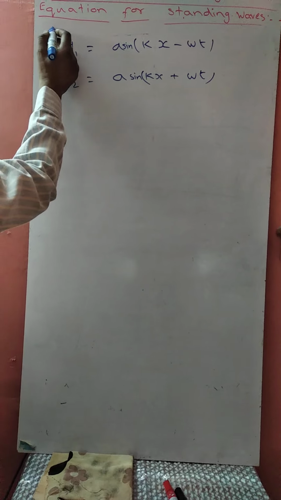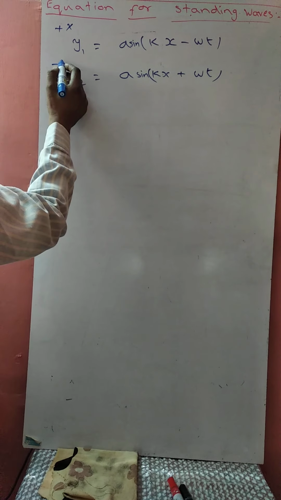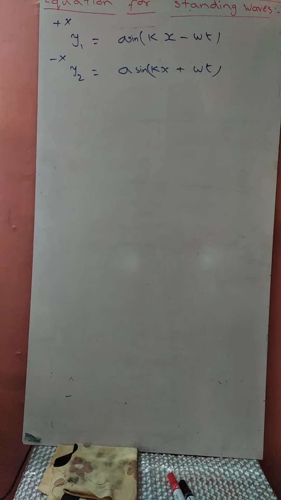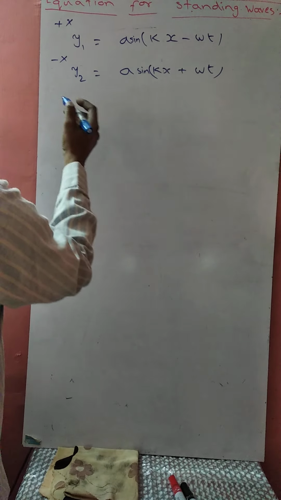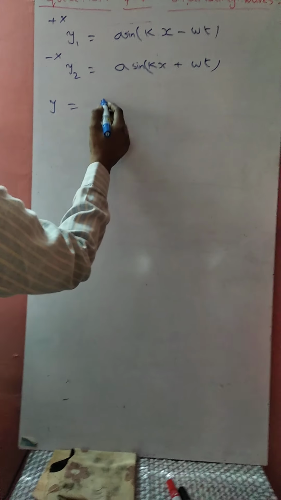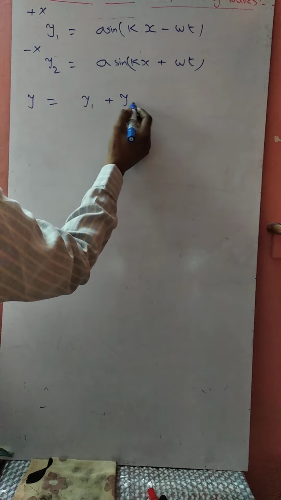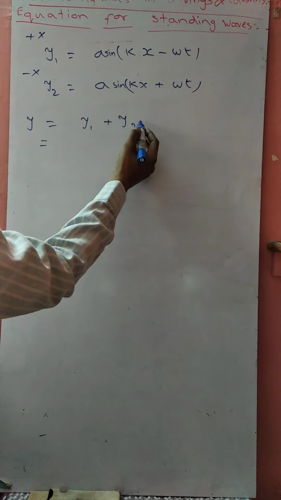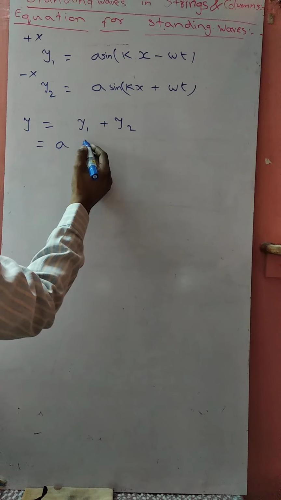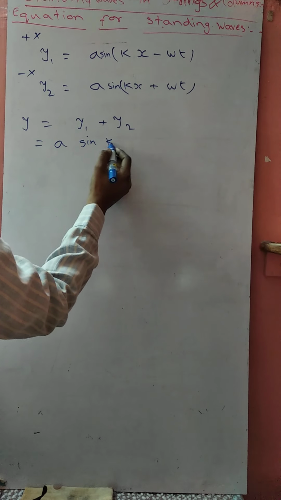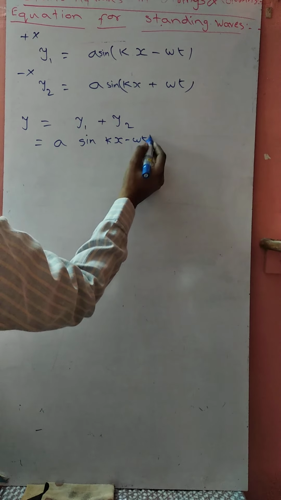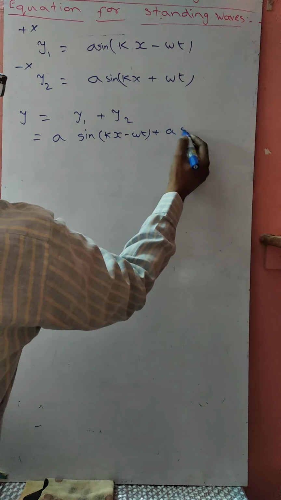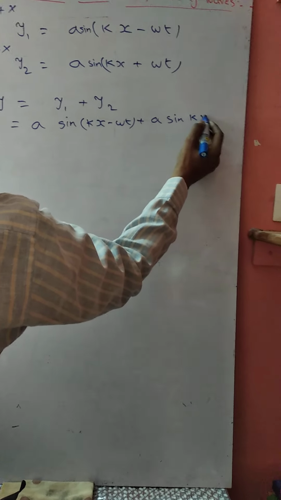One wave is traveling along the positive x direction and the other is traveling along the negative x direction. According to the superposition principle, if these two waves superpose, then the resultant displacement y = y1 + y2, the sum of the individual displacements. So a sin(kx − ωt) + a sin(kx + ωt).